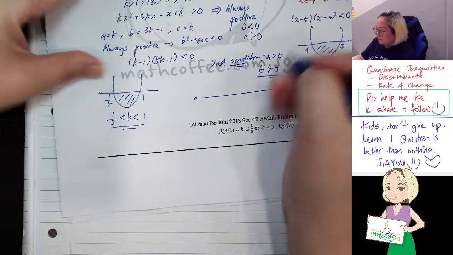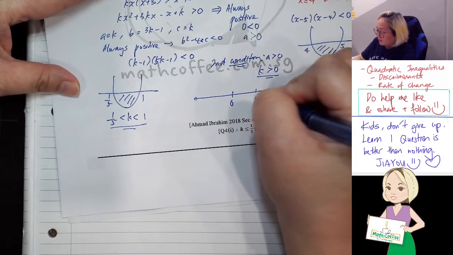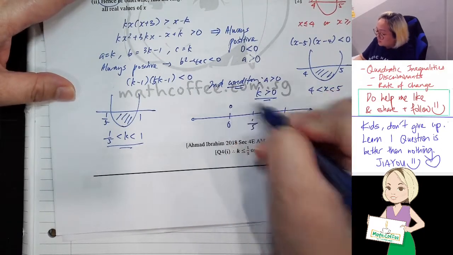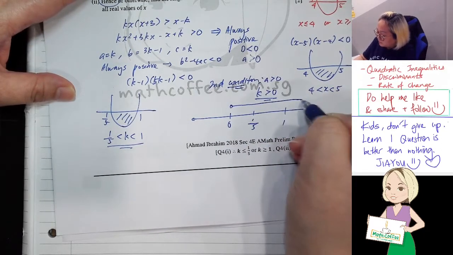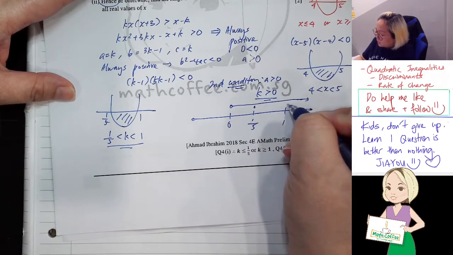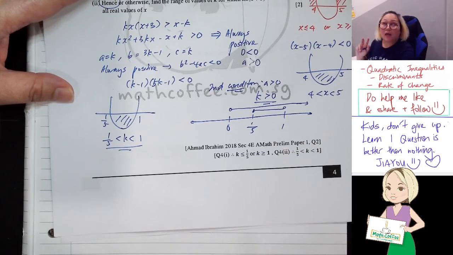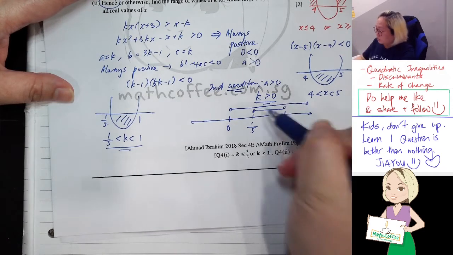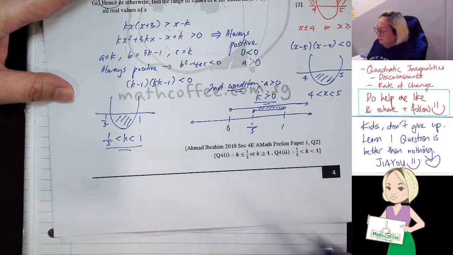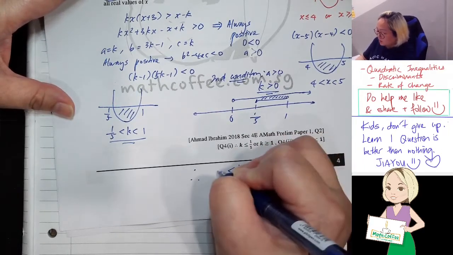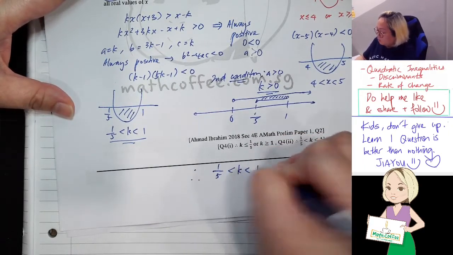I have 0, I have 1/5, and I have 1. K more than 0 means this direction. K in between. Then find out which is the common region. So the common region for this case is this part. So that's why final answer is k is between 1/5 and 1.